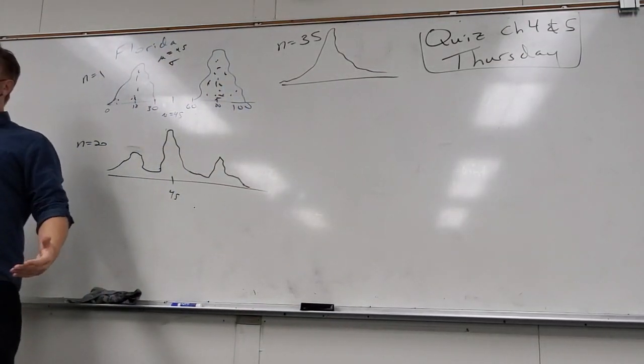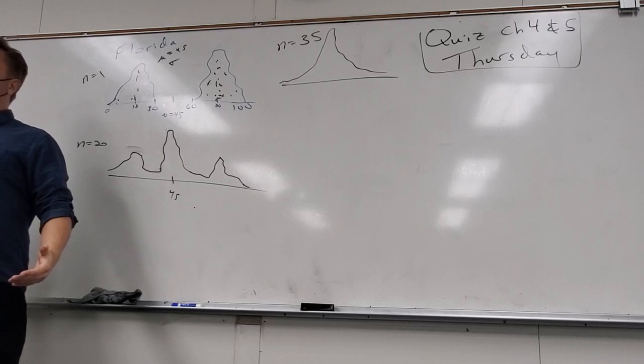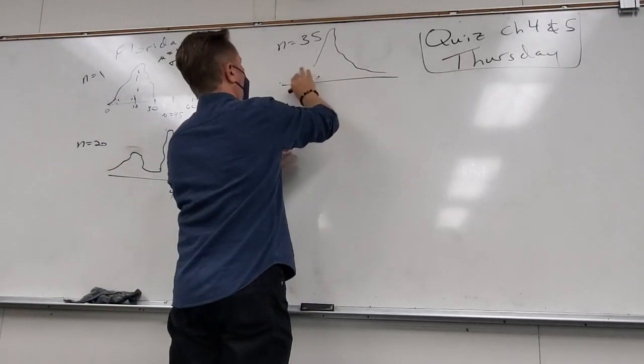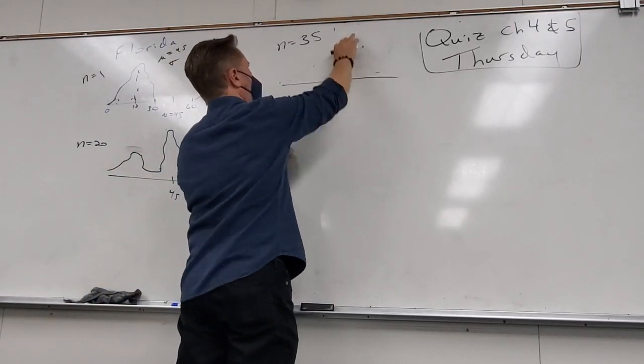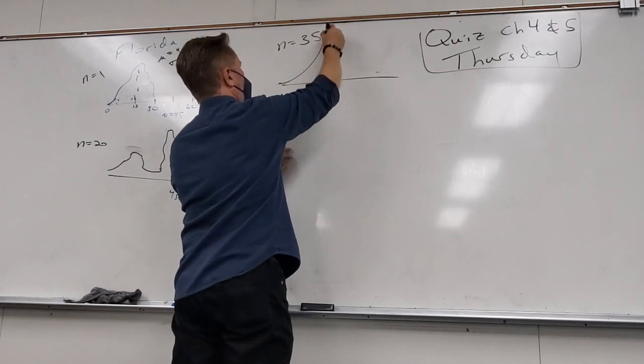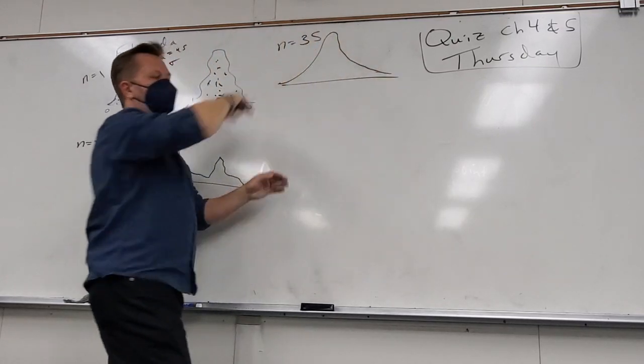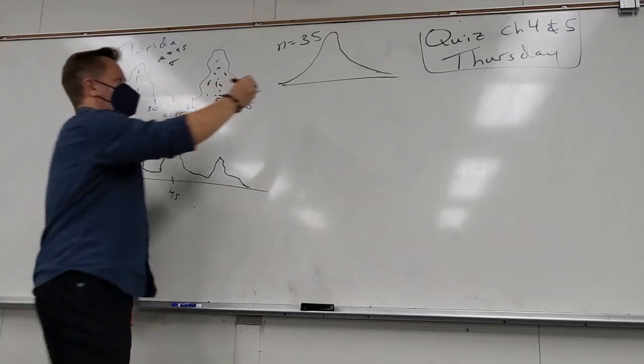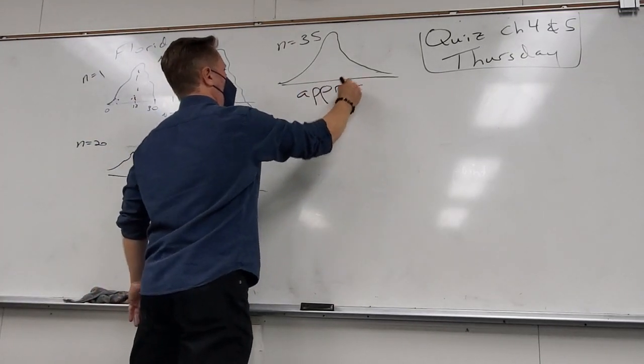Is that roughly normal? Very roughly. I don't want to make it too perfect, but it should be approximately normal. There's a little bit of a wobble, right? So this is definitely approximately normal.